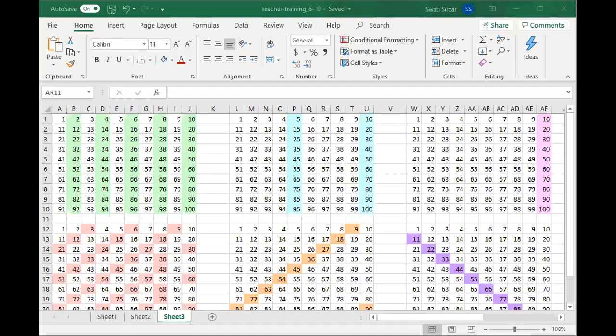Swati, please repeat the question. We can't hear your voice. Why do we get vertical lines for 2, 5, and 10? Not for any other number.